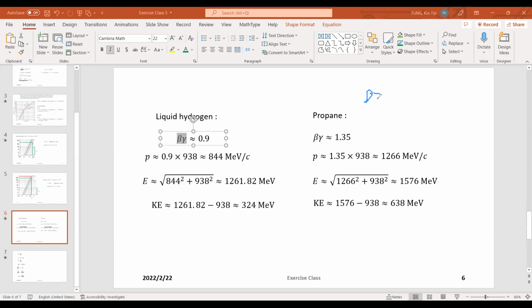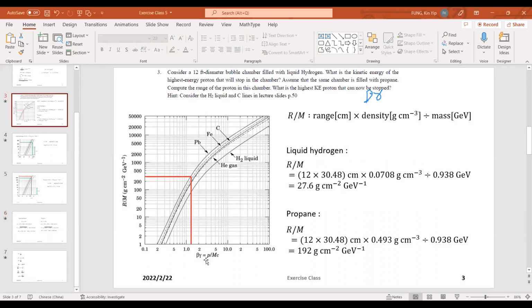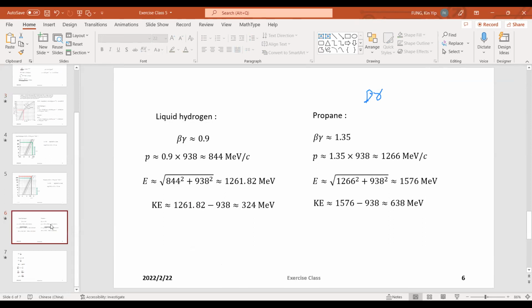So beta gamma, you can just refer to here, because beta is V over C, and gamma is 1 over the square root of 1 minus V squared over C squared. So after simplifying, it will be just momentum divided by the mass and the speed of light. So this is P equals mc.